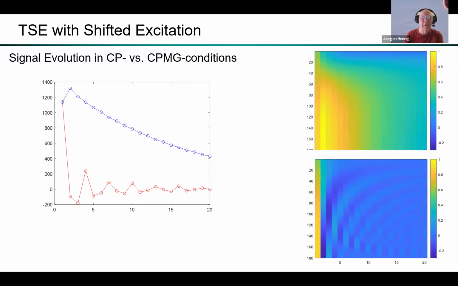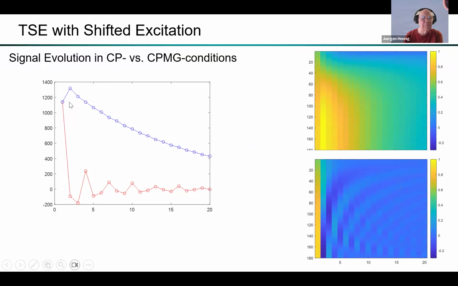So if you go from CPMG condition, where the excitation pulse is orthogonal to the phase of the refocusing pulses, you get this nice coherent superposition of all the different refocusing pathways and very nice signal amplitude irrespective of the actual flip angle of the refocusing pulse.